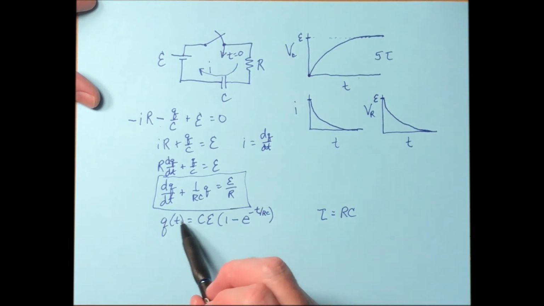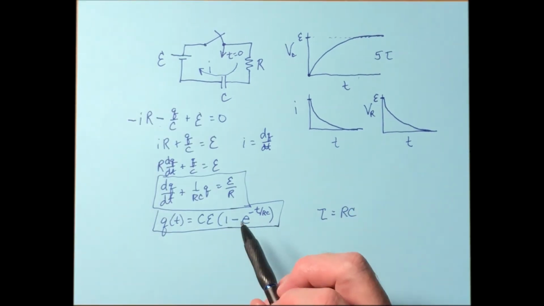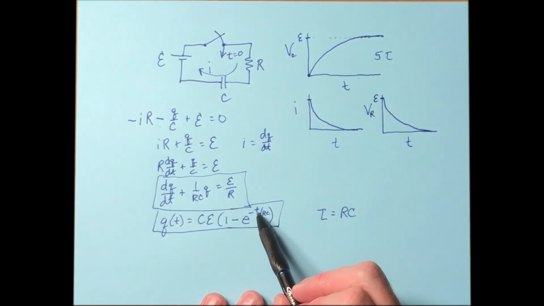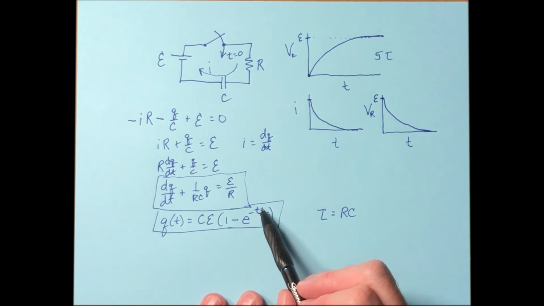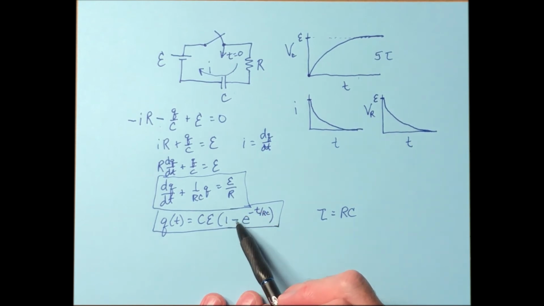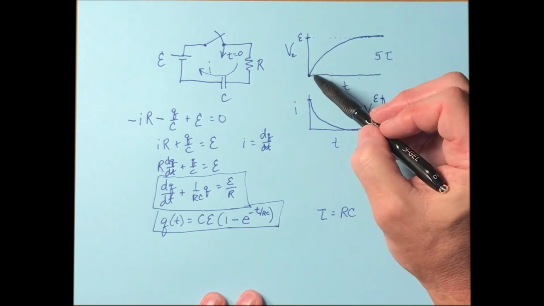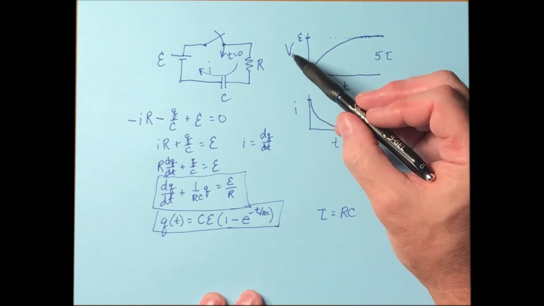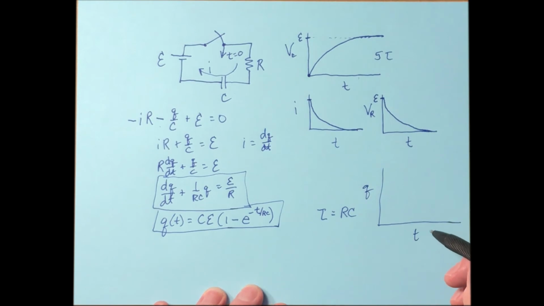All right, there we've got the equation for the charge as a function of time. Now, what does that look like? Well, at t equals 0, it's going to be e to the 0, so this term is going to be, what, 1. And we have 1 minus 1, so it gives us 0. Now, the charge on the capacitor versus time is going to look the same way as the voltage across the capacitor.